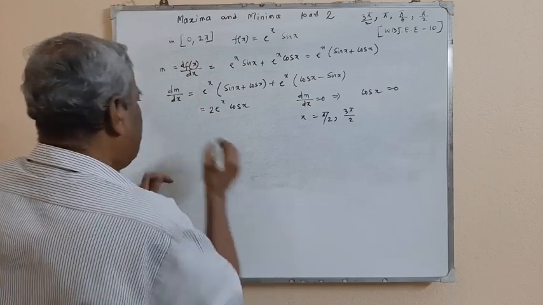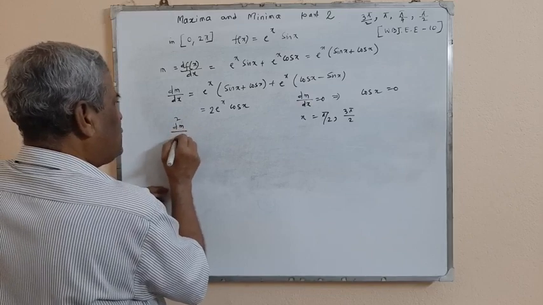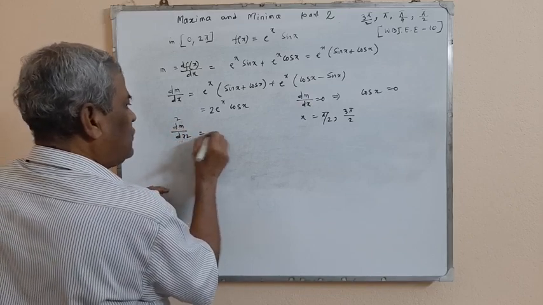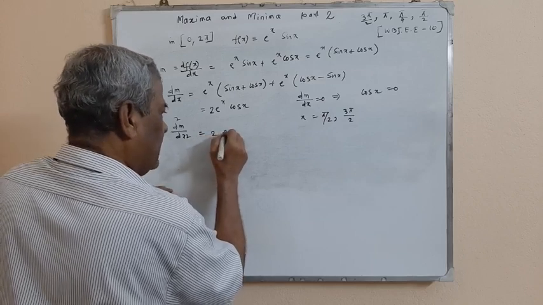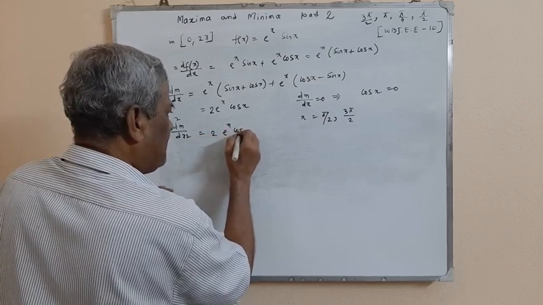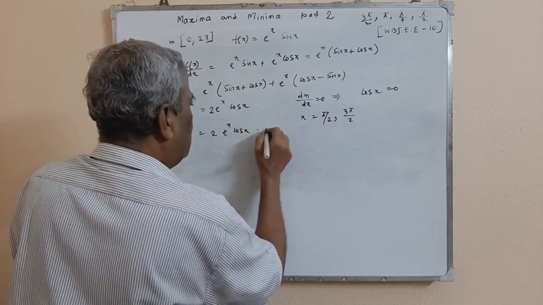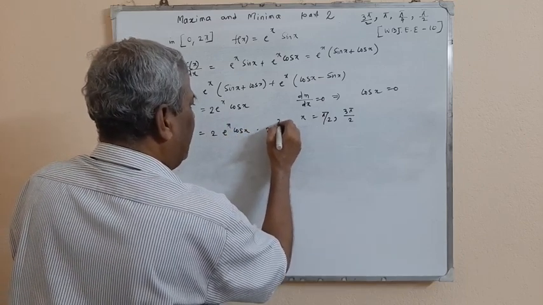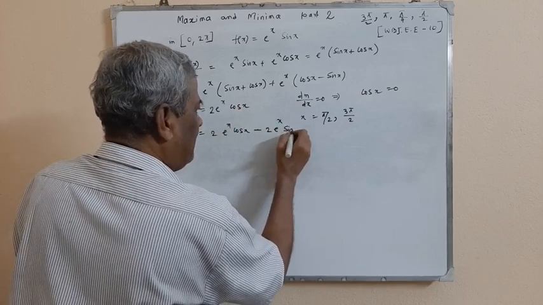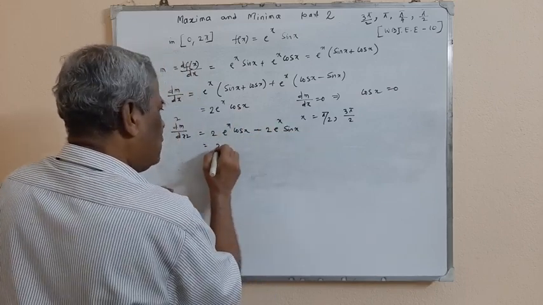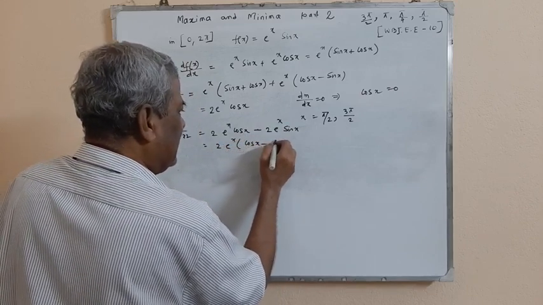So for that purpose d2m dx2 is equal to 2 into e to the power x cos x, its derivative is that, then 2 into e to the power x into derivative of cos x is minus sin x, is equal to 2 e to the power x (cos x minus sin x).